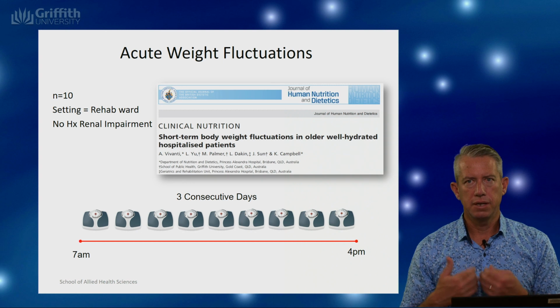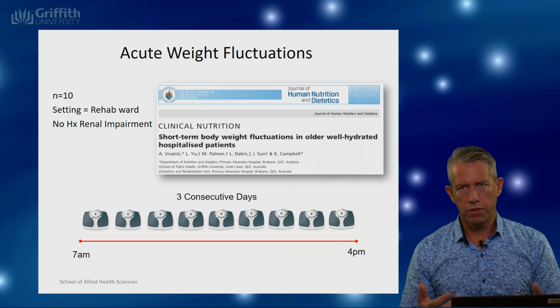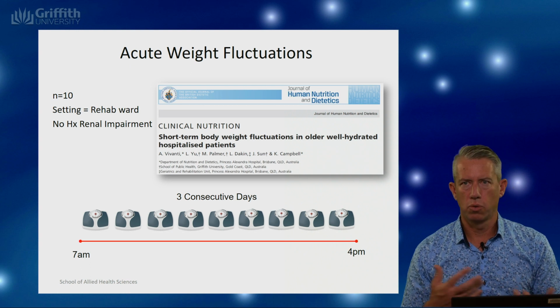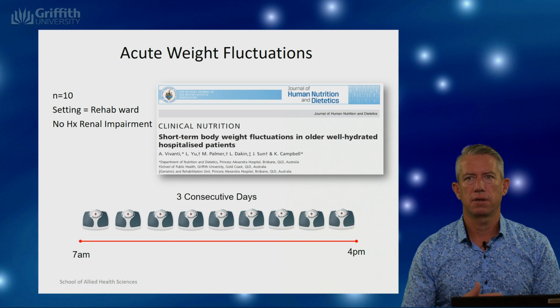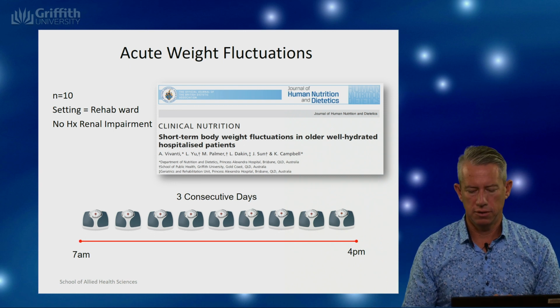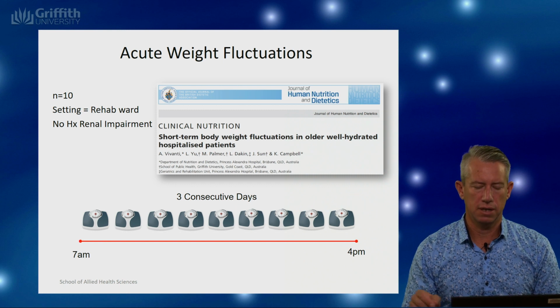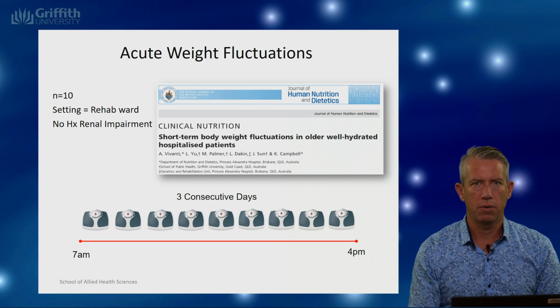Now, it didn't matter what the person was wearing, what the person had eaten, whether they'd been in the toilet or not. This study was purely about, well, to what extent does being in a hospital environment influence fluctuations in weight? And so for 3 consecutive days, they had these hourly weight measures between normal business hours.